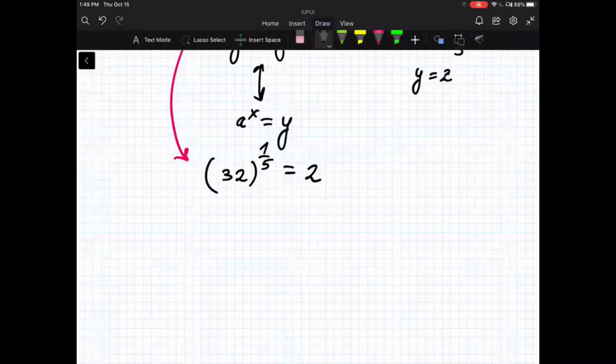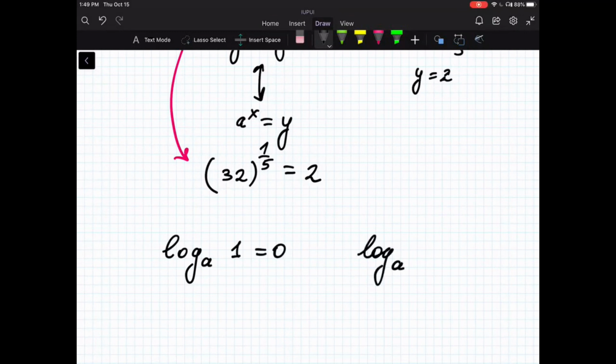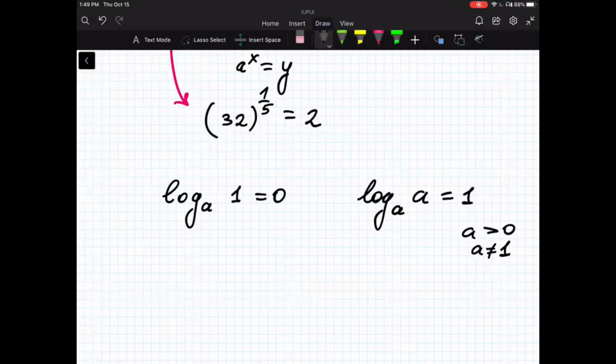Also, we can prove a very easy fact that the logarithm with any base a of 1 is equal to 0, and the logarithm of a with base a is equal to 1. Again, a is positive, not equal to 1. Okay, so let's prove it. We can write down that, again, using our connection, that this is my x and this is my y.